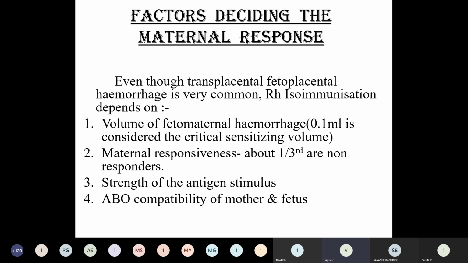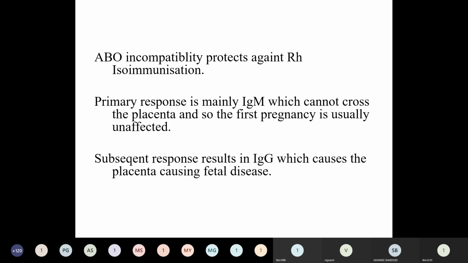So it is very clear, even though there is feto-maternal hemorrhage, it depends on the volume of the feto-maternal hemorrhage, the maternal response, not all, only 1/3, and the strength of the antigenic stimulus. ABO incompatibility protects against RH isoimmunization.